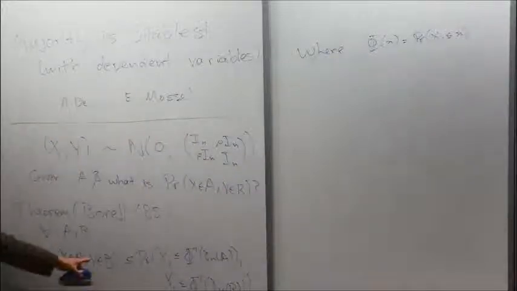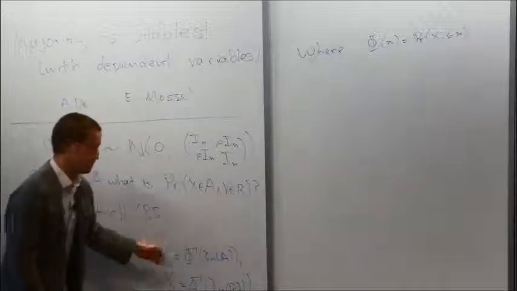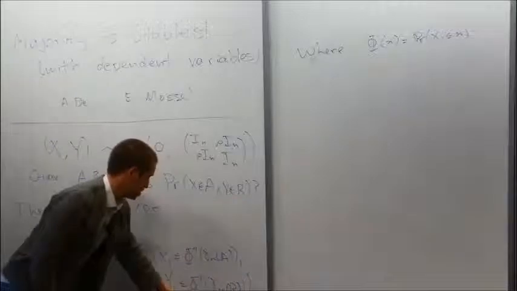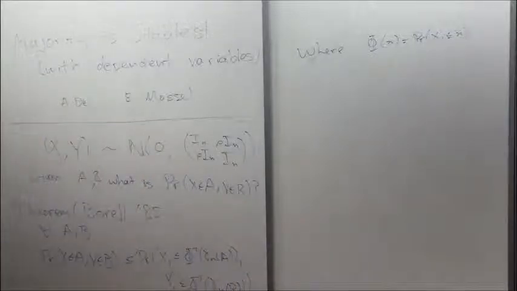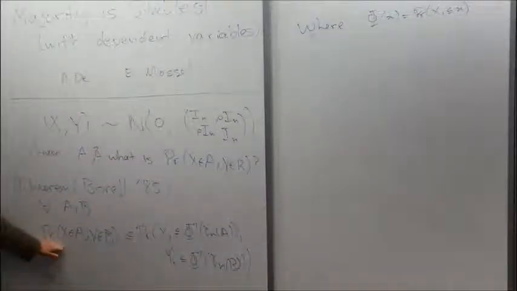And so you'll see here that what I've written here on the right is the probability that x is in some event, which is a half space of the same measure as A, and this is the event that y is in some half space with the same measure as B. And so what this inequality is really saying is that this probability is maximized for parallel half spaces. Okay?